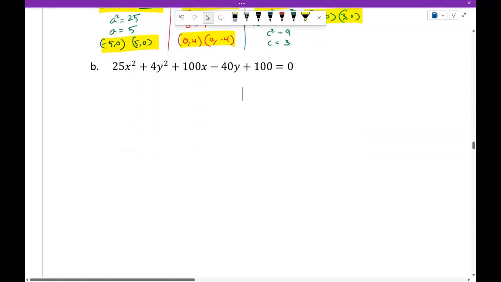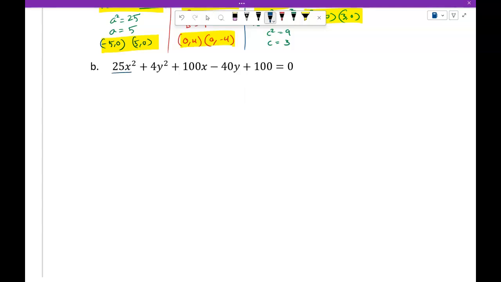Now this general form looks a lot like some of the previous ones that we've seen with many more terms as well as constants. So we're going to have to do the full process of completing the square. And of course, like before, because we are dealing with a more complex conic section, the process will be a little bit more involved. But the idea remains the same with how we've been completing the square so far.